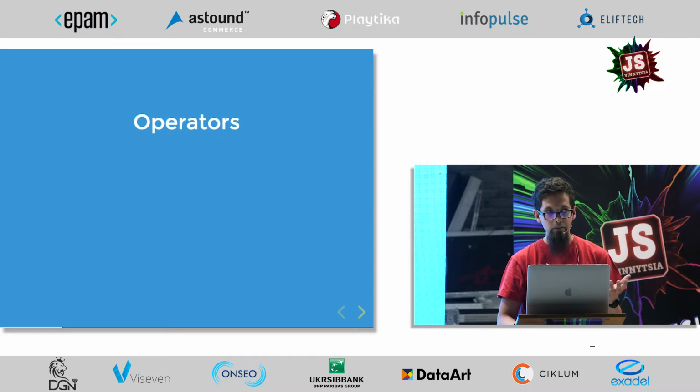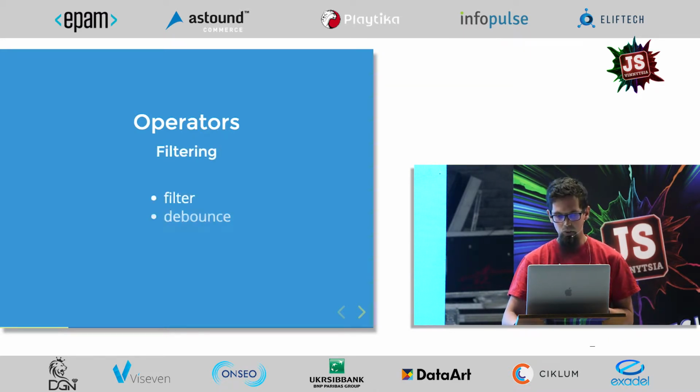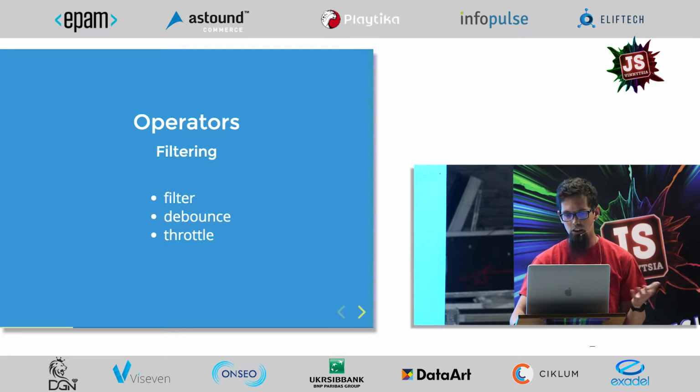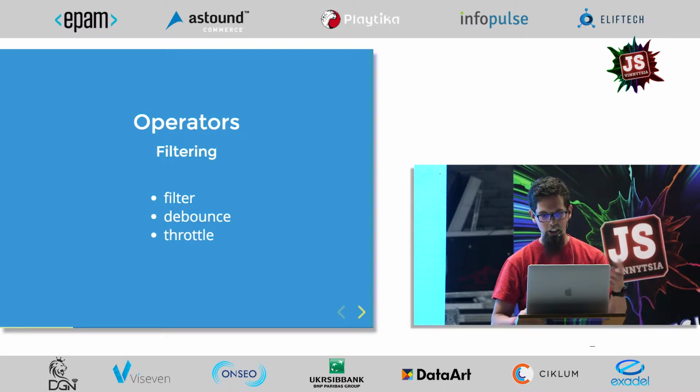And we have plenty of them in RxJS already. So I divided them in a few groups. First is filtering. We've got filter, debounce, throttle, which are used most commonly. You use them mostly in typeaheads and stuff like that, so you don't kill your backend with queries.